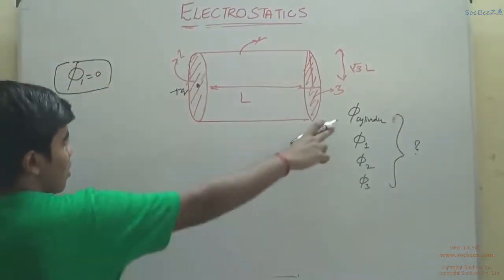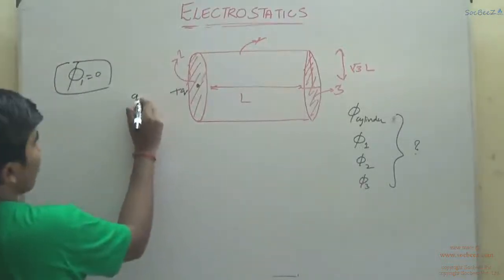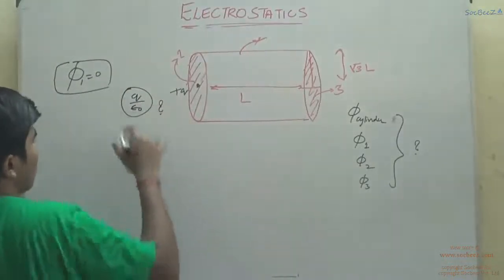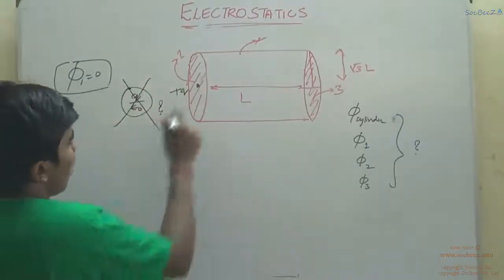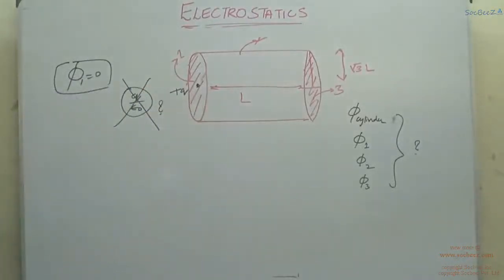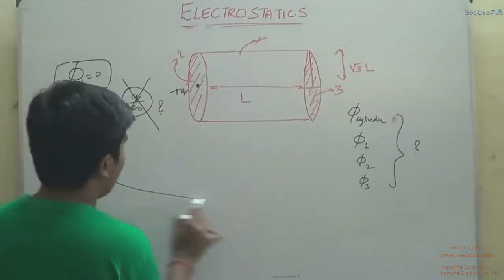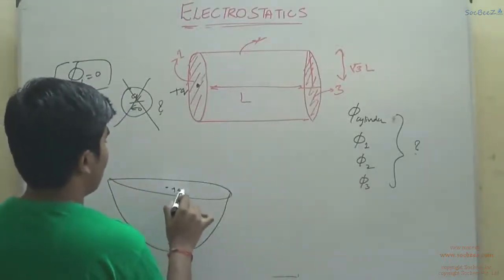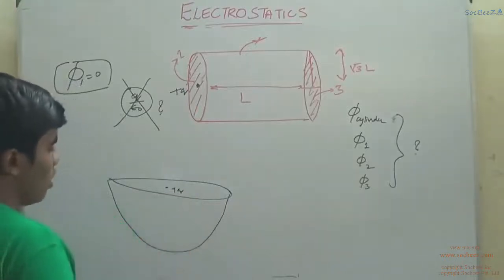Now what about phi of the cylinder? Is it equal to q by epsilon naught? The answer is no, it is not. Again, why? Because the charge is not enclosed. Whenever this kind of a situation arises, suppose you have a hemisphere having charge plus q here, and we are supposed to find out the flux.